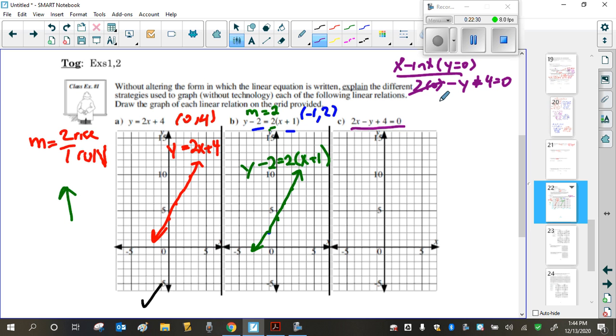Those cancel, so you're left with -y plus 4 equals 0. You can bring the y over, or you can do it this way. Bringing the y over to the other side is easier. And here, I just like showing that when you have a -y, you have to know what to do. You divide by -1. So y equals 4 is the y-intercept.